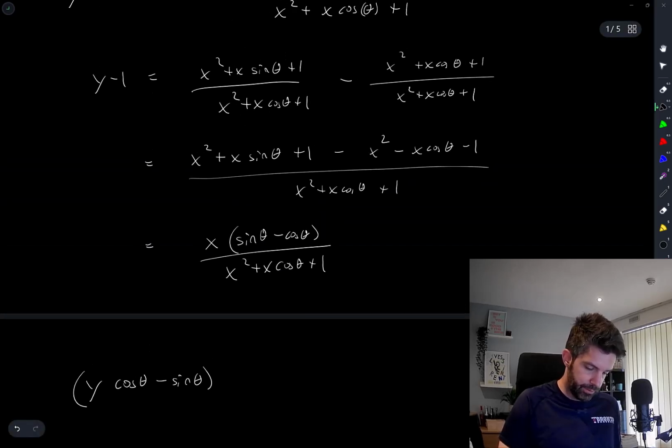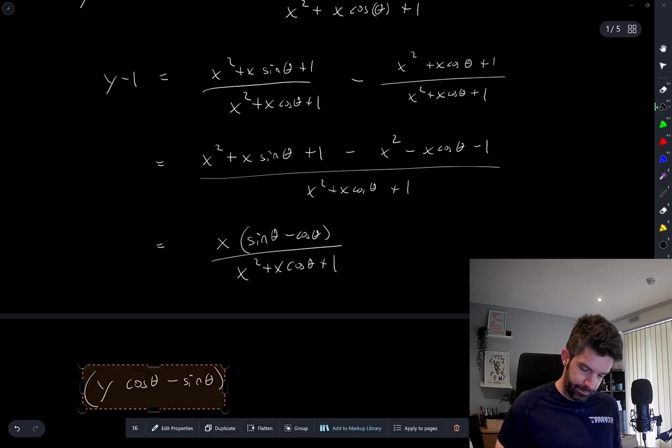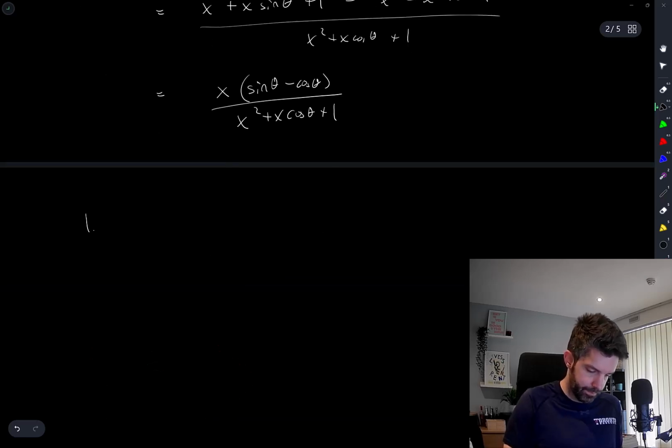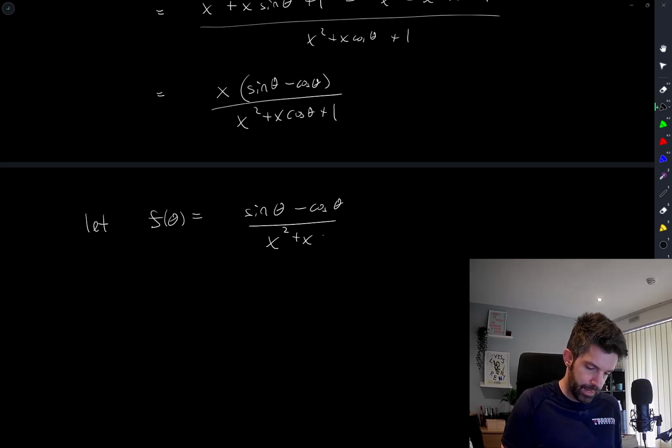Wait, let's let f of theta be equal to sine theta minus cosine theta over x squared plus x cosine theta plus 1.